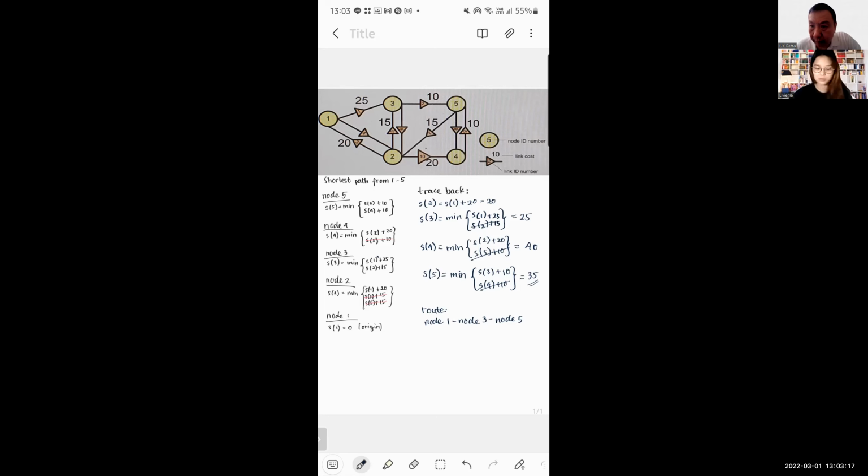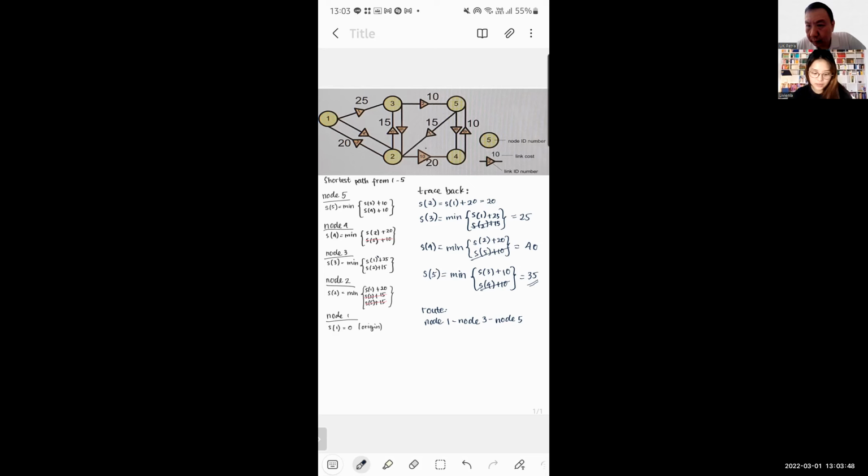Yeah, so I need to find the shortest path from node 1 to node 5. So we start from node 5. From node 5, we are looking for the nodes that are incoming to node 5. Those are node 4 and also node 3.